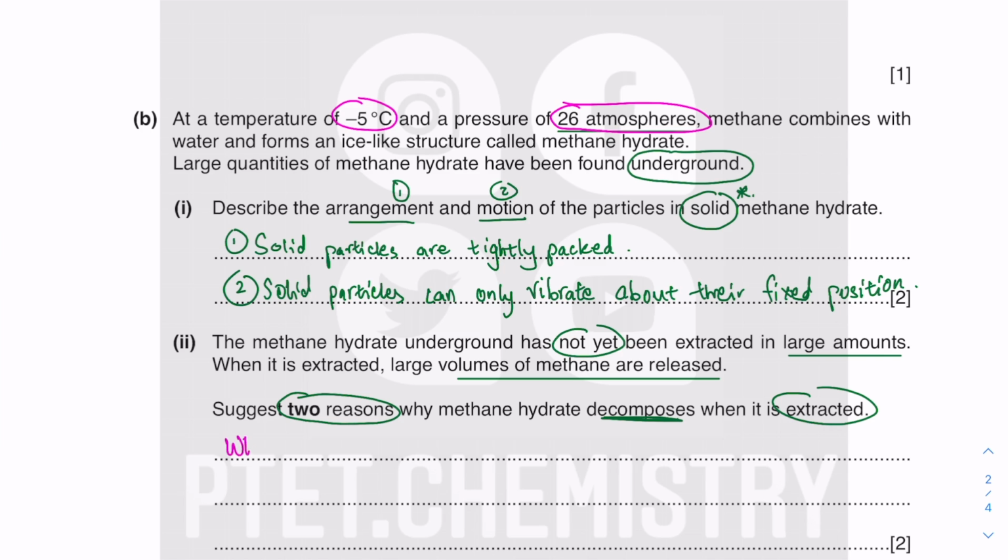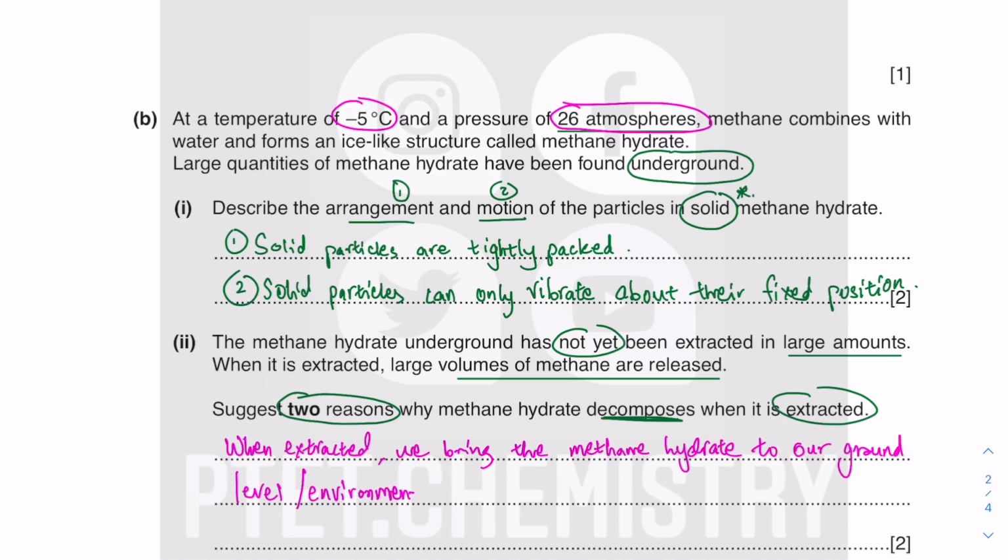So when extracted, we bring the methane hydrate to our ground level or environment, where 1, temperature is way above or higher than that.